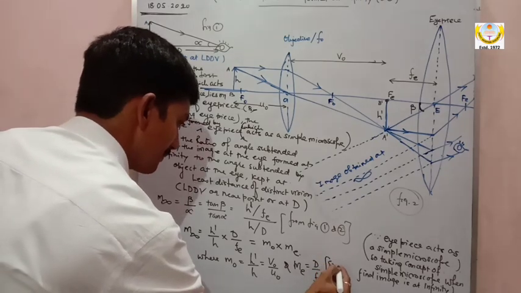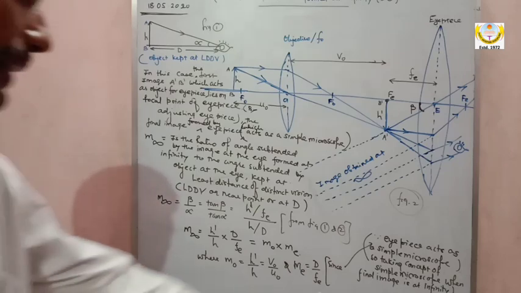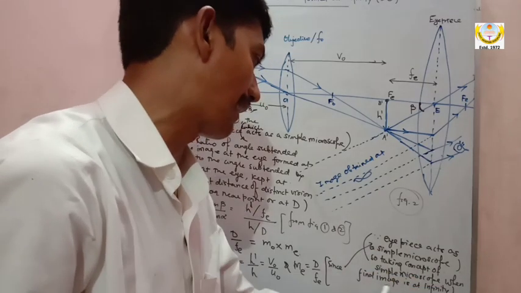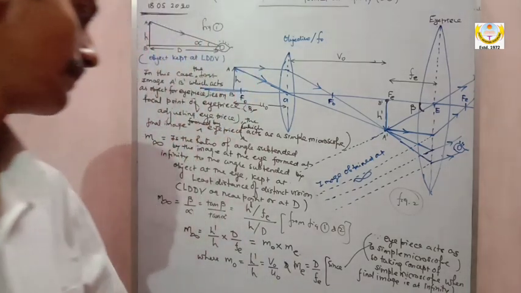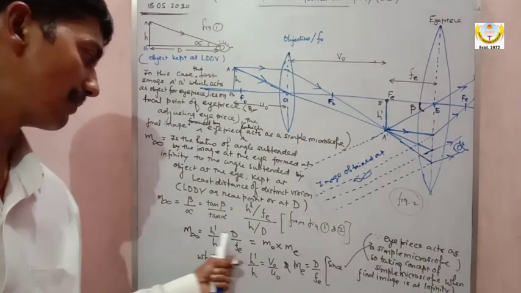Since the eyepiece acts as a simple microscope, taking the concept of a simple microscope and final image at infinity, I got magnification for the eyepiece as D by Fe.